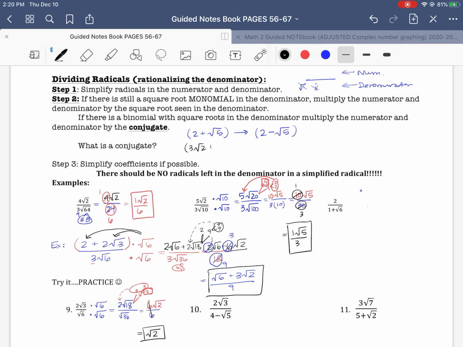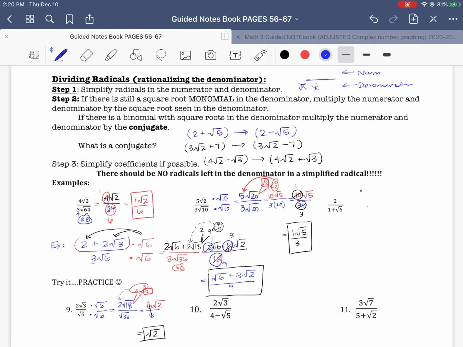If I had 3 square root of 2 plus 7, its conjugate would be 3 square root of 2 minus 7. If I had 4 square root of 2 plus this, let's do a minus. So if this one was subtraction, then its conjugate would be addition. But again, those binomials look identical with an opposite sign in the middle.